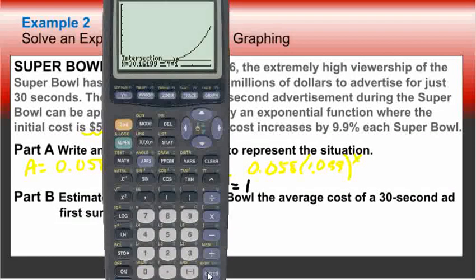So that would be during Super Bowl 30. So it was during Super Bowl 31 that the average cost surpassed 1 million. So this would be about Super Bowl 30, Super Bowl 31.